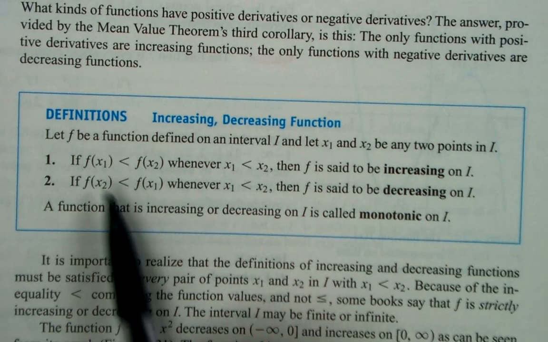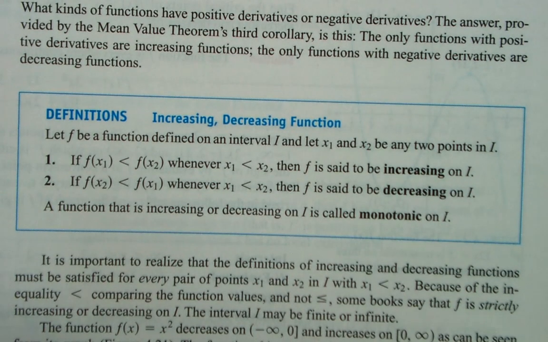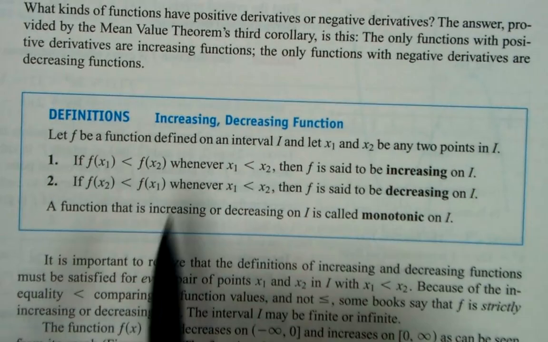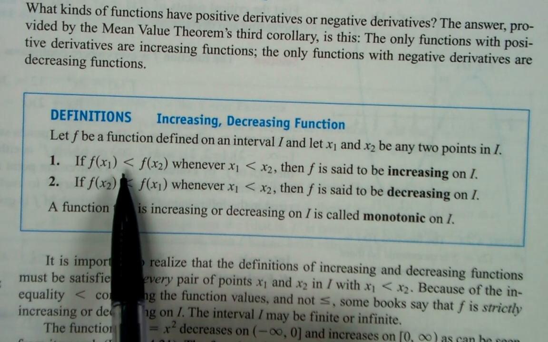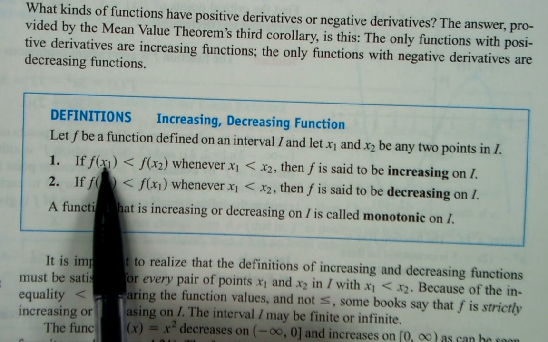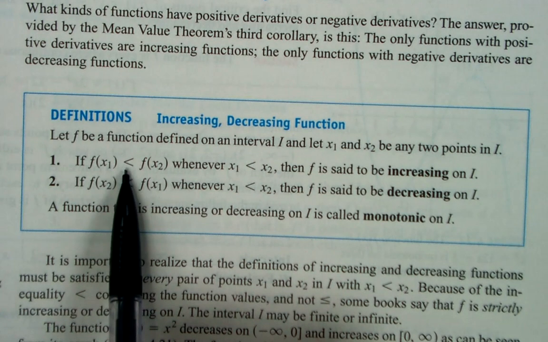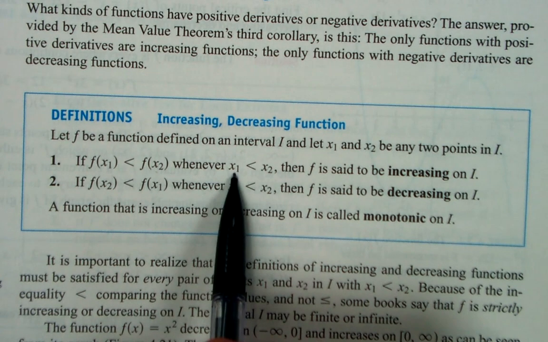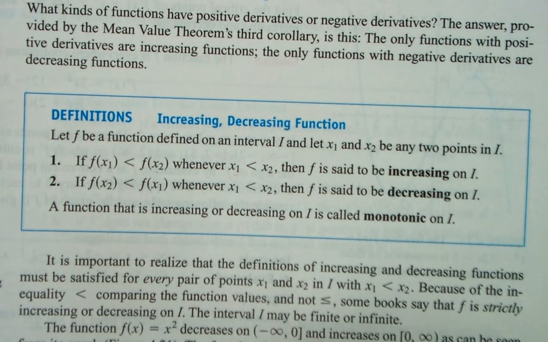Okay, increasing and decreasing functions. This I think should be fairly straightforward. It says when x sub 1 is smaller, meaning plugging in x sub 1 gives a result less than plugging in x sub 2, then it is increasing. So here's what this is saying.